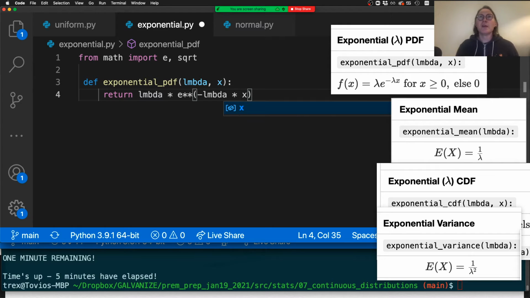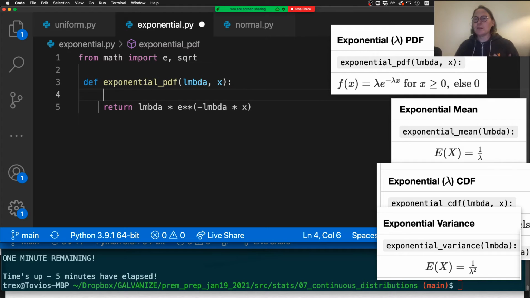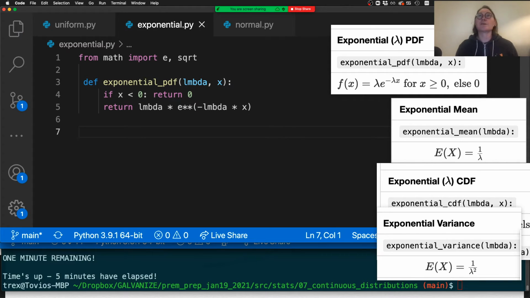But there's also a condition here, right? This is for x greater than or equal to 0. Since we don't have a concept of negative time that we're working with, I'm also going to put this in here. So if x is less than 0, we'll return 0. So we would expect that to work.